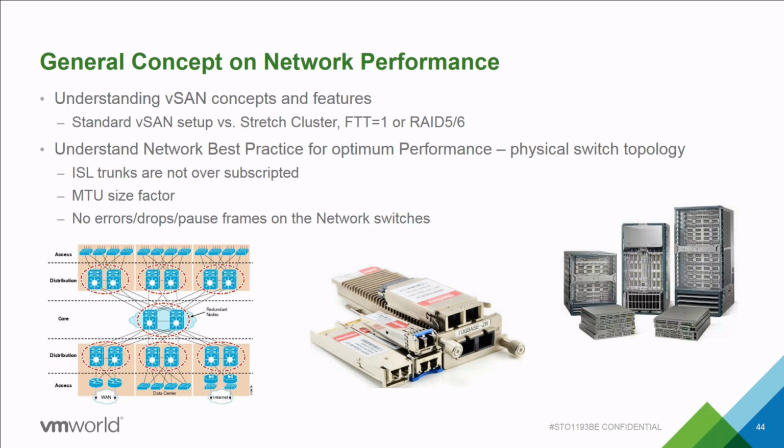It gives you latency at peak times. It's the same anatomy. But also think about MTU as a factor. Remember, we send blocks to the network down the line. A 4K block fits in an MTU of 9000. An 8K block does as well.